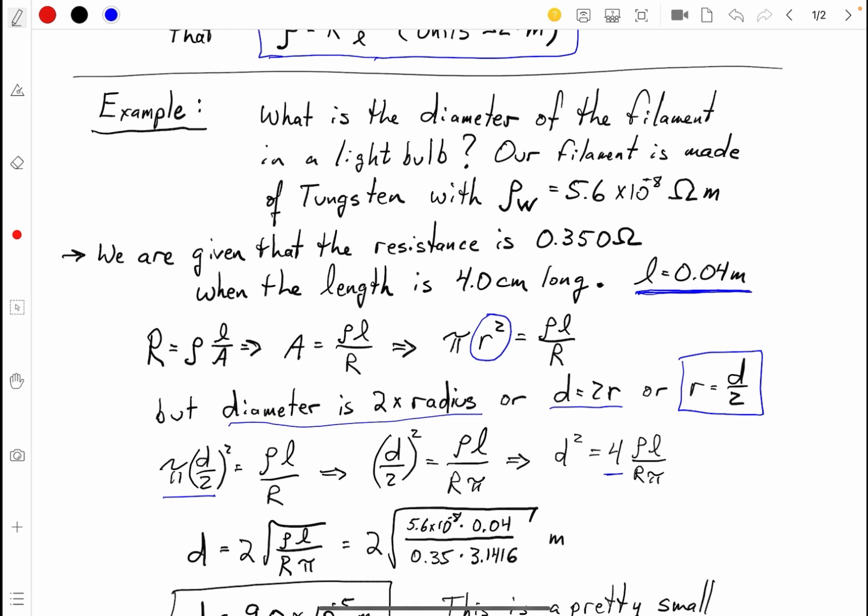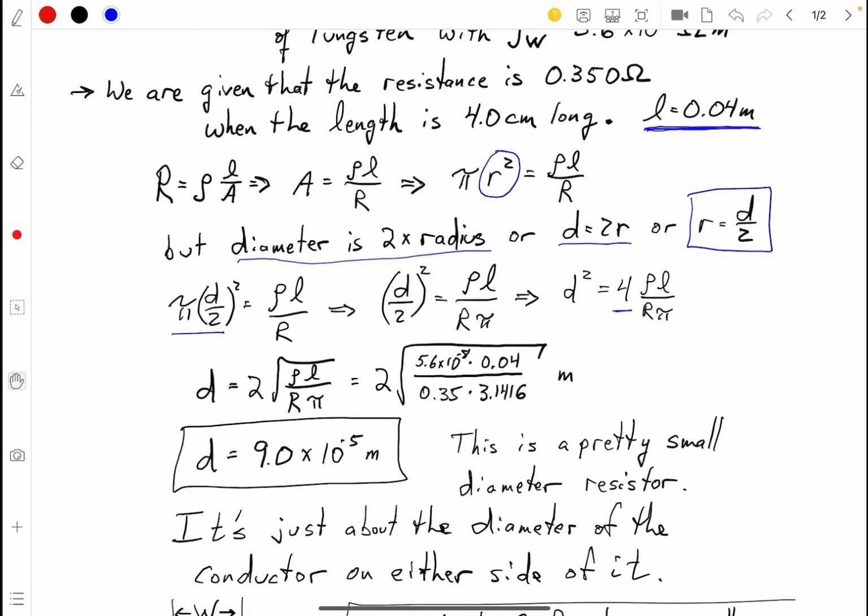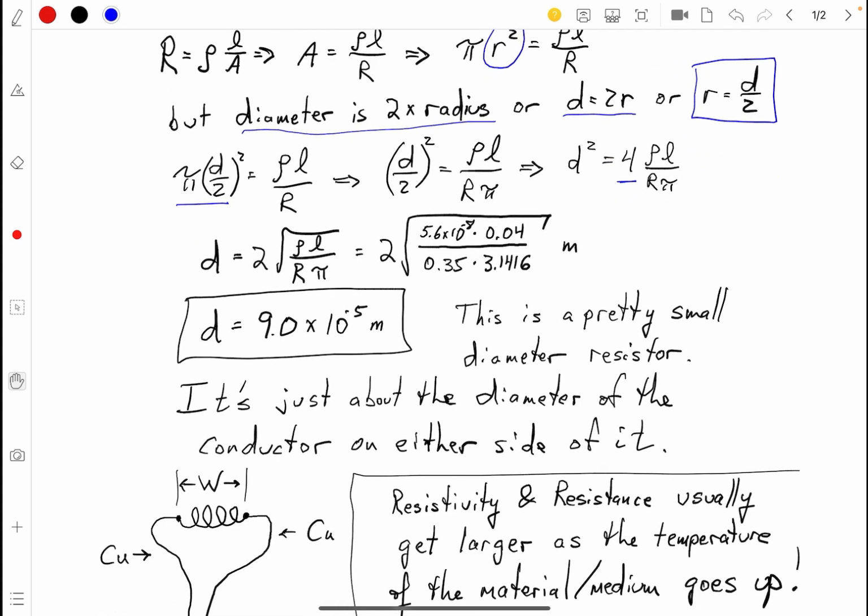That's going to put a 4 up into the numerator on the other side. We're going to multiply by our rho times our length. And we're going to divide by the resistance and pi. All right. Pi finds its way into our equations. Just finds its way in there.